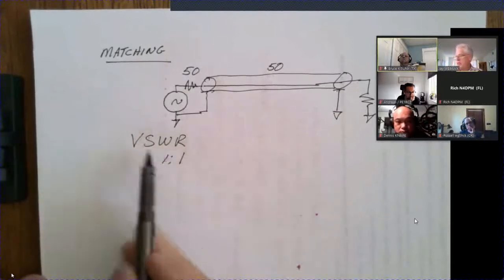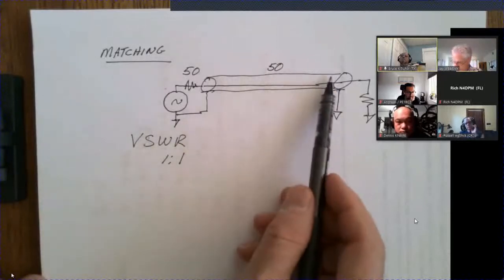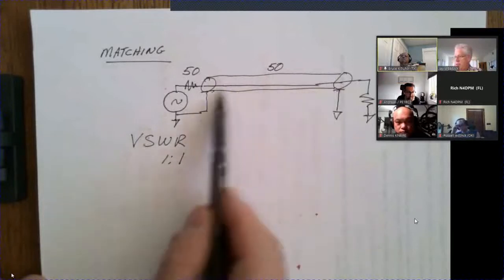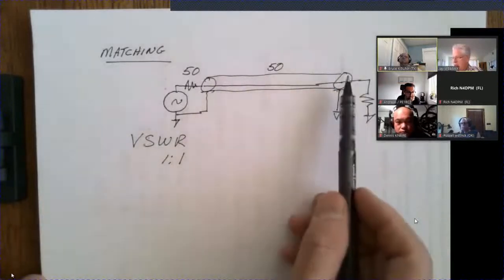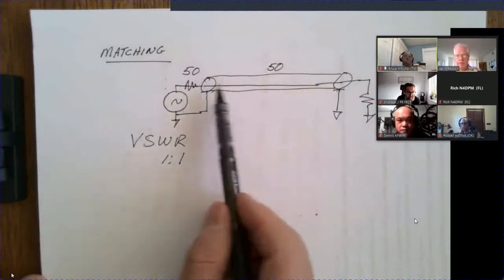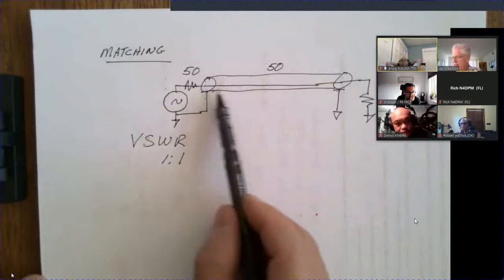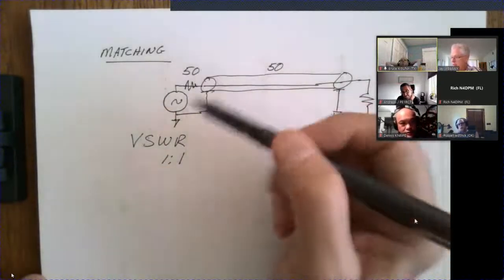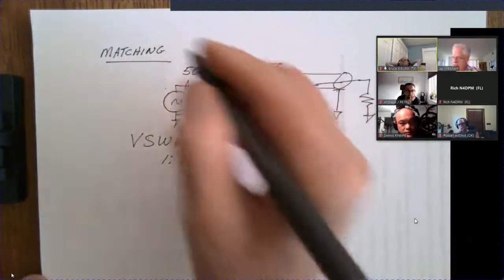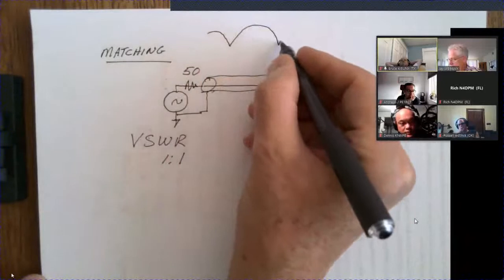What this ratio is, really, is if you measured the voltage or current along this line, if it's perfectly matched, it will be the same all the way through. So if you put in 1 amp here, you get 1 amp out here. In the case of a mismatched cable, you will get what's called a standing wave. The current or the voltage will not be the same. It will vary as you go down the cable.